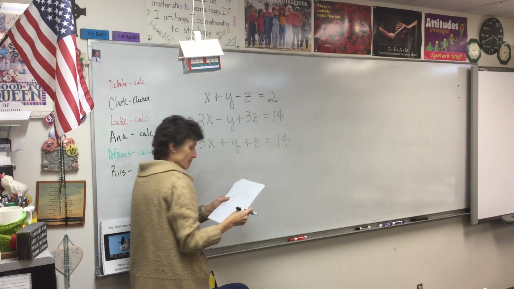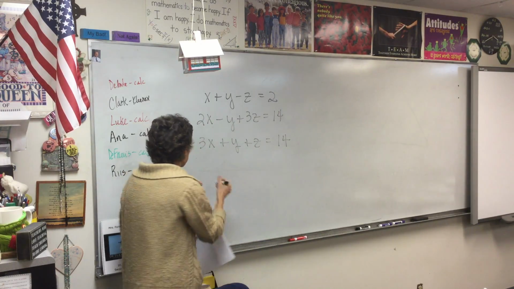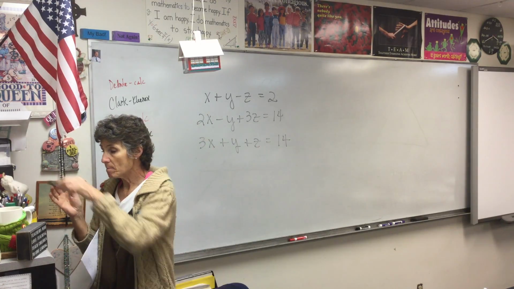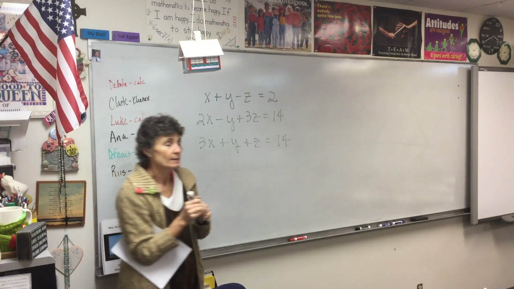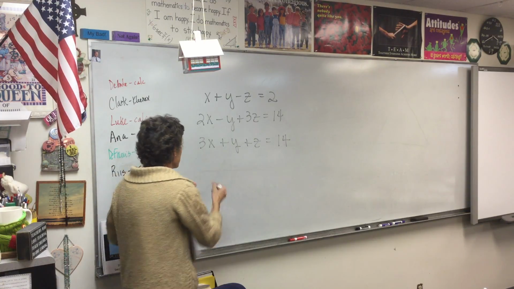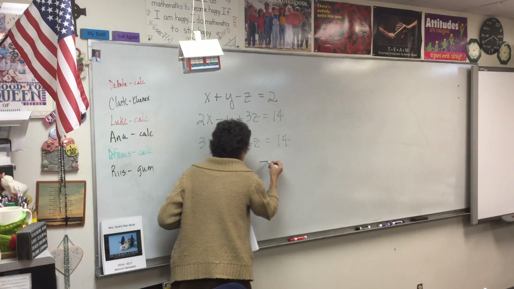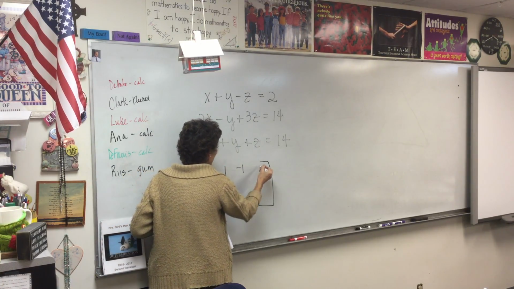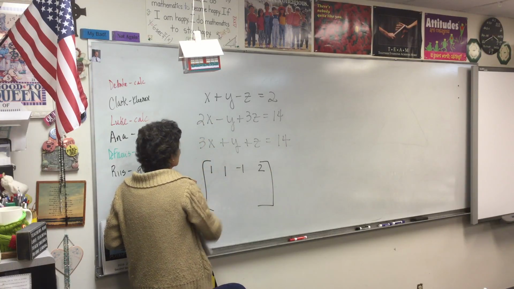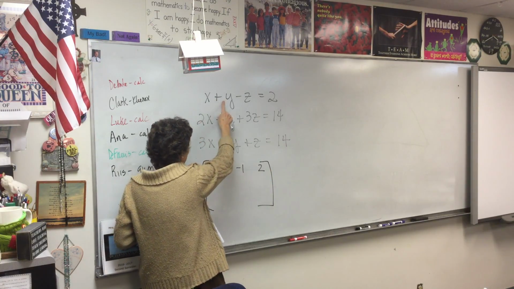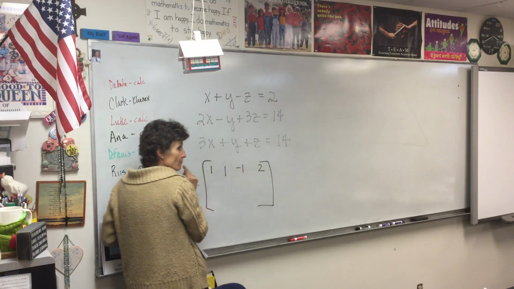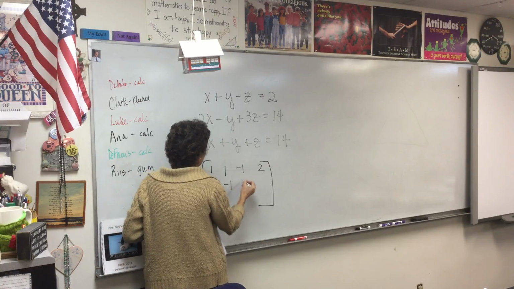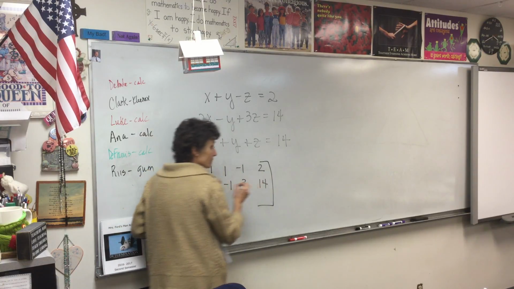Right underneath, in that blank space in your notes, I want you to make a matrix. And the matrix I want you to make has all of the numbers in the whole problem. So I want you to do 1, 1, negative 1, 2. So see where I'm getting those numbers? 1, 1, negative 1, 2. Now I'm going to put 2, negative 1, 3, 14.